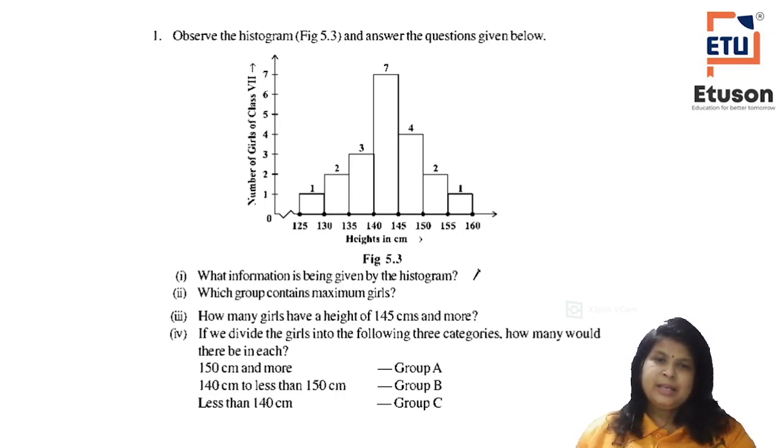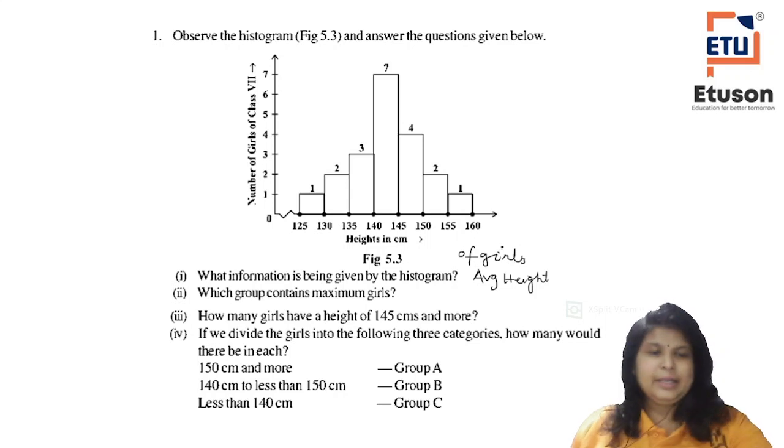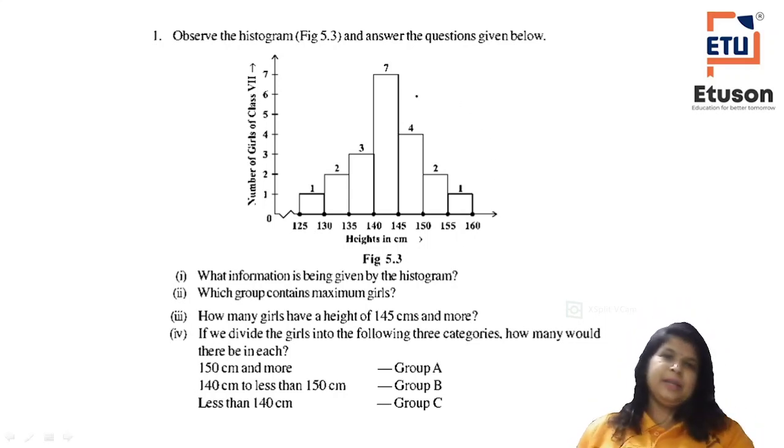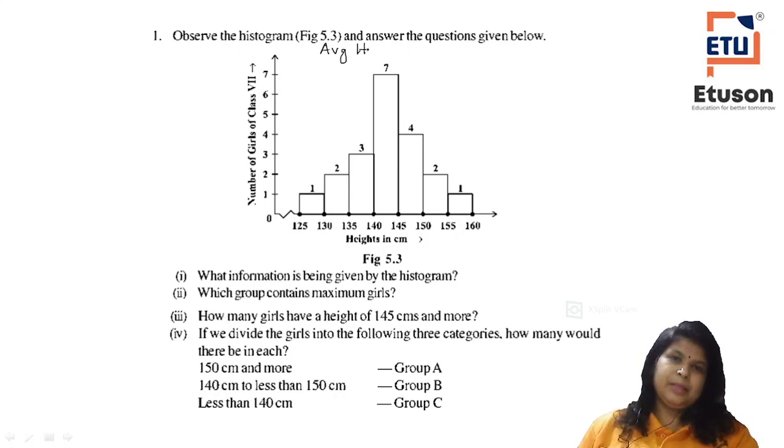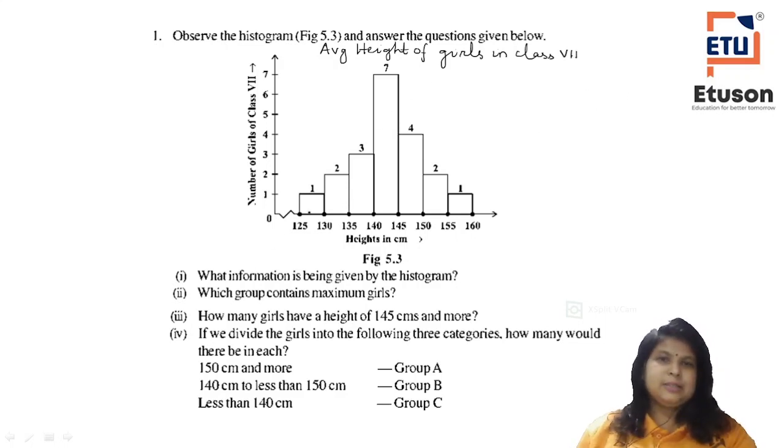It represents the average height of girls in class 7. So this is the distribution of average height of girls in class 7.